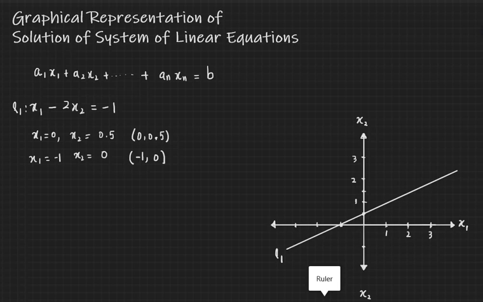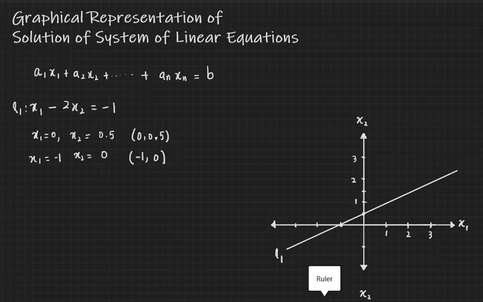It means that this point satisfies the given linear equation. Hence we call this ordered pair, x1 is equal to 0, x2 is equal to 0.5, a solution of this linear equation. Similarly, x1 is equal to minus 1 and x2 is equal to 0 also satisfies this equation. Hence it is also a solution of this linear equation.